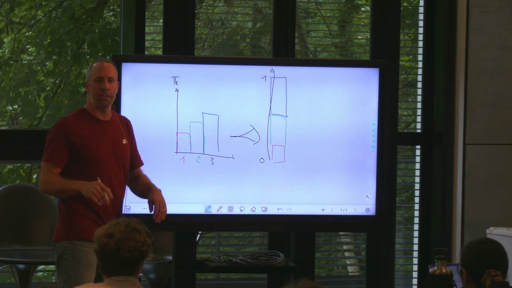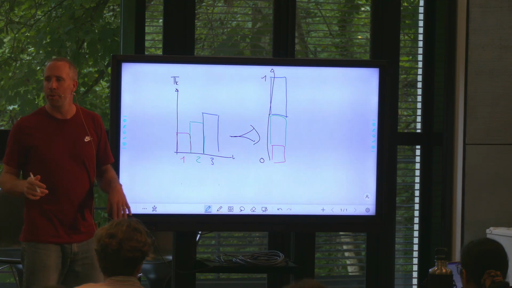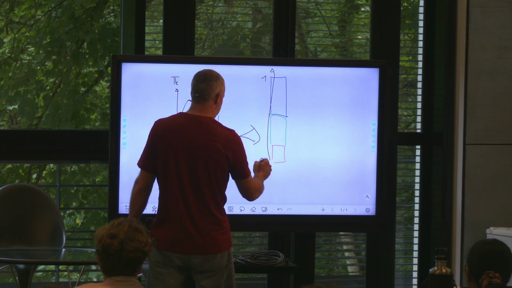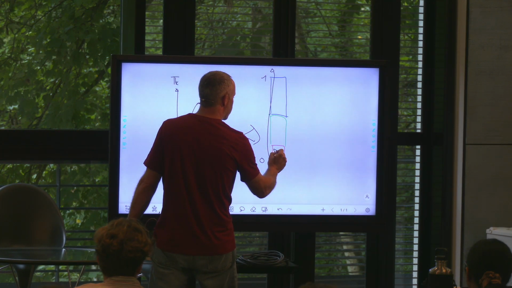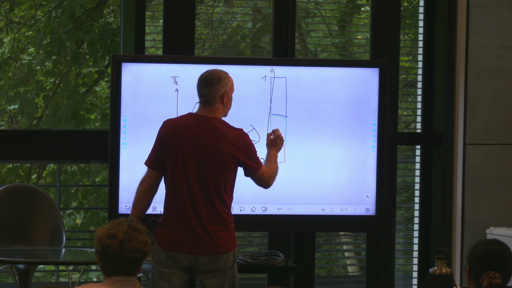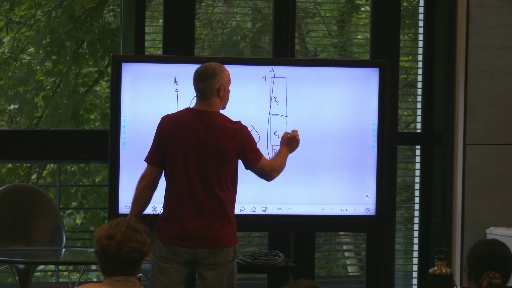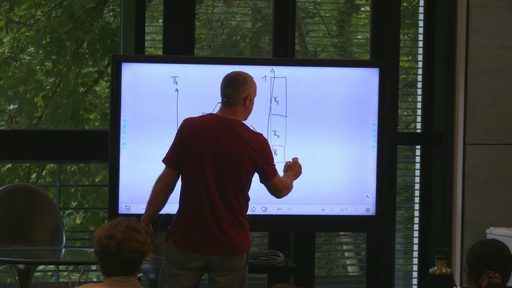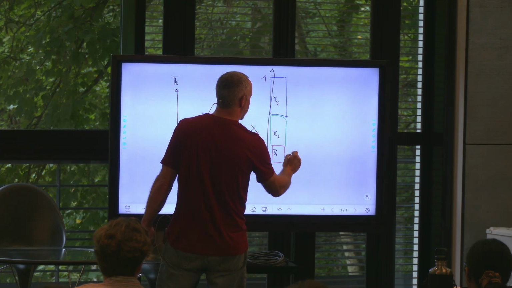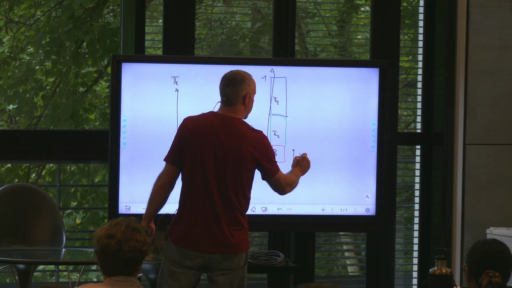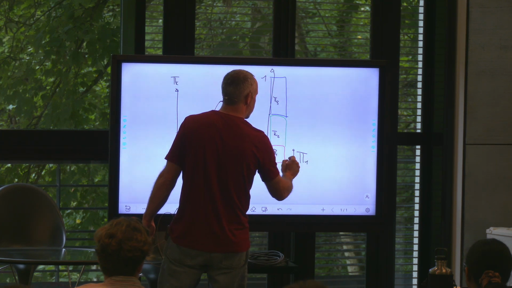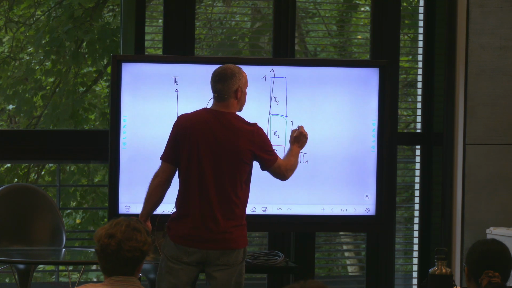And I introduce the cumulative probability. This is my pi 1, pi 2, pi 3, and the cumulative probability is the sum of everything. So from here to here, this is big pi 1, from here to here, pi 2, and pi 3.